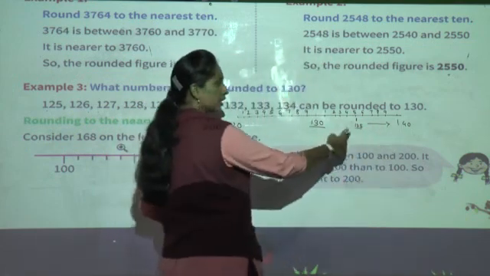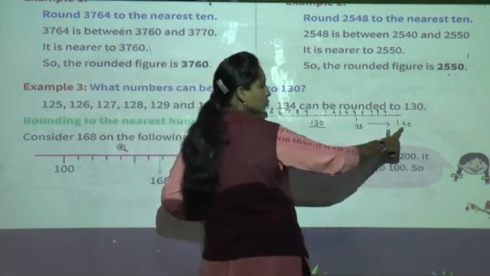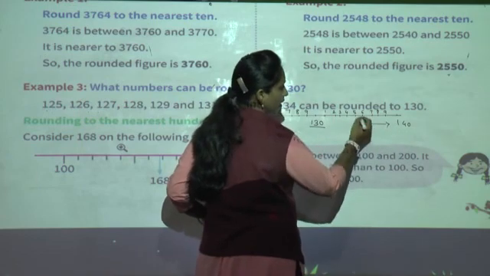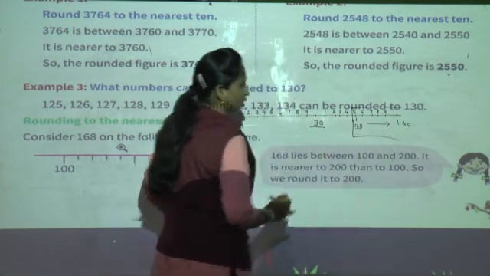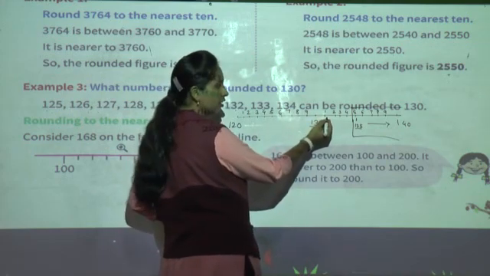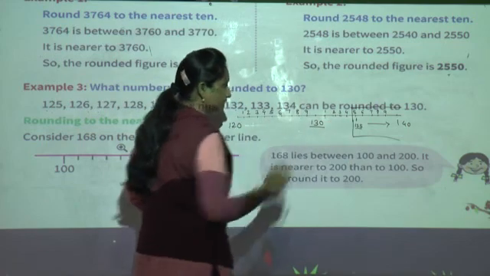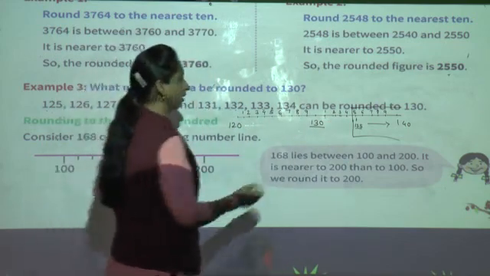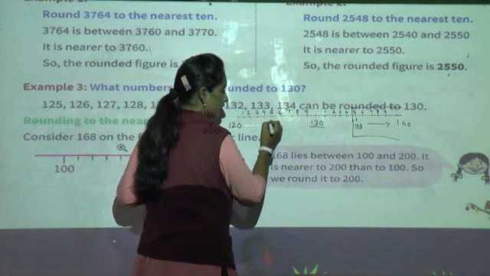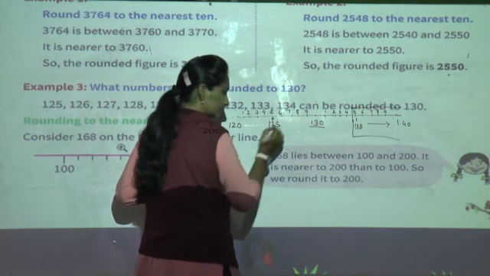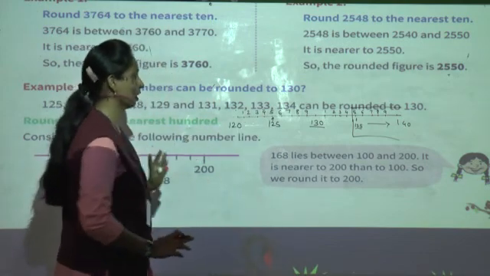And after 135, whatever numbers come, they go nearest to 140. So we cannot take 135 and the numbers after it. So the numbers remaining here are 131, 132, 133, 134. And here, actually, there is 125. I have written it in short.